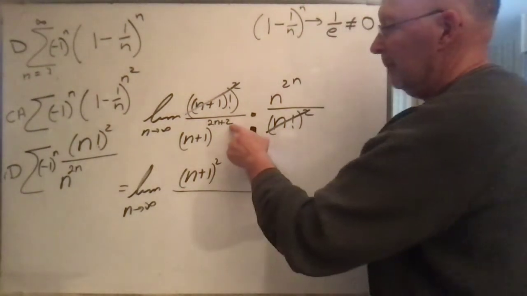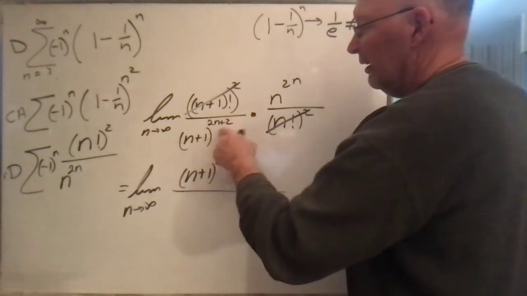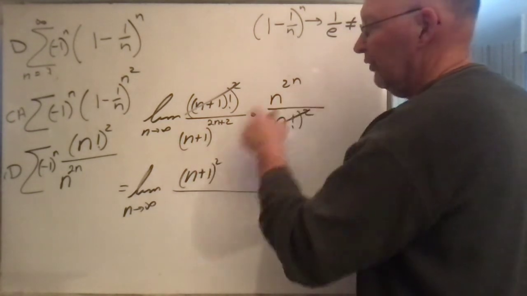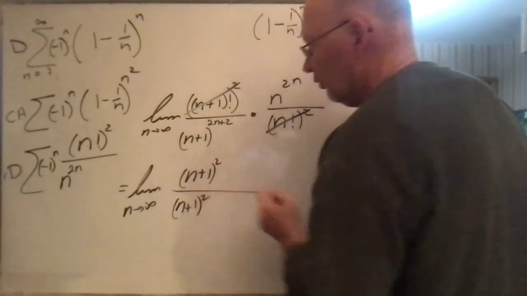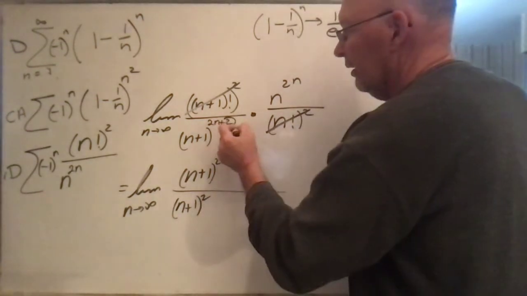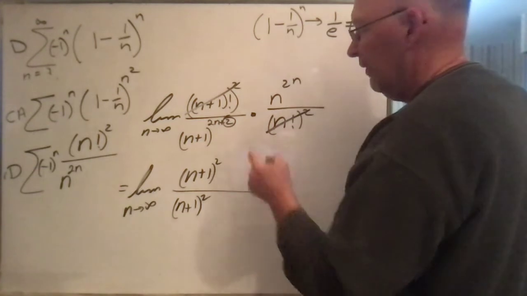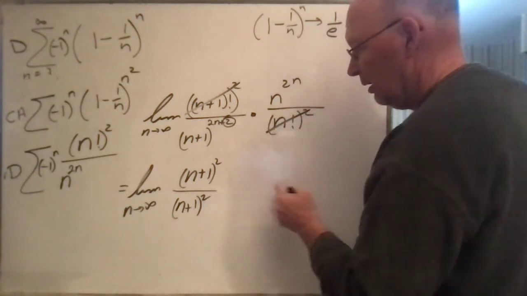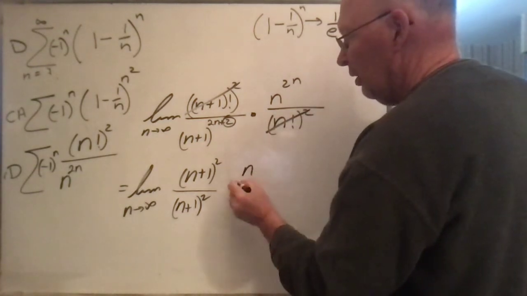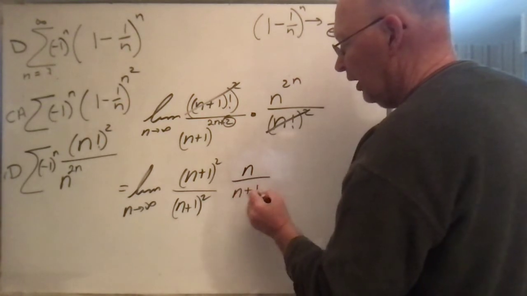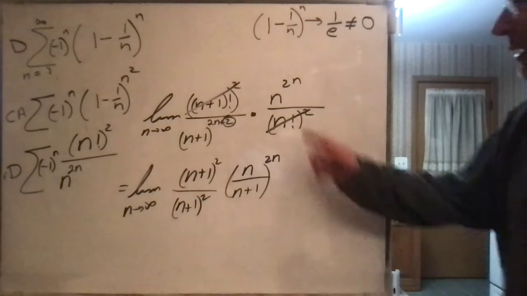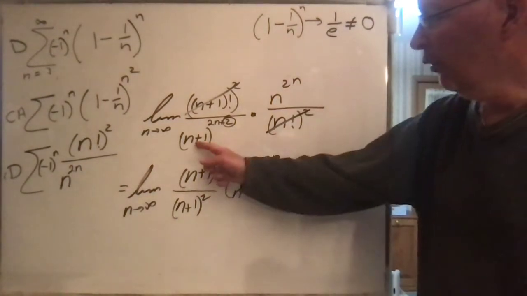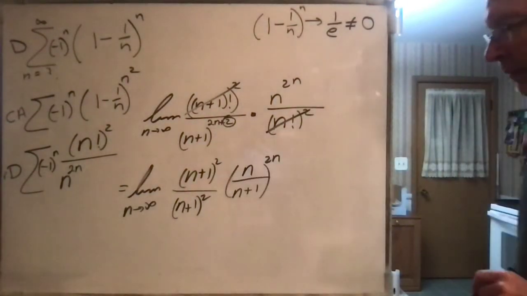Right here, notice I've got an extra 2n plus 1s there. So I've got an extra 2 of them right there. And then I'm left with n all over n plus 1 to the 2n. See that? I'm going to have n to the 2n over n plus 1 to the 2n.